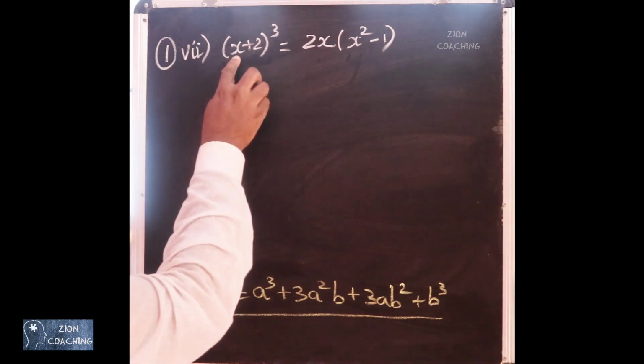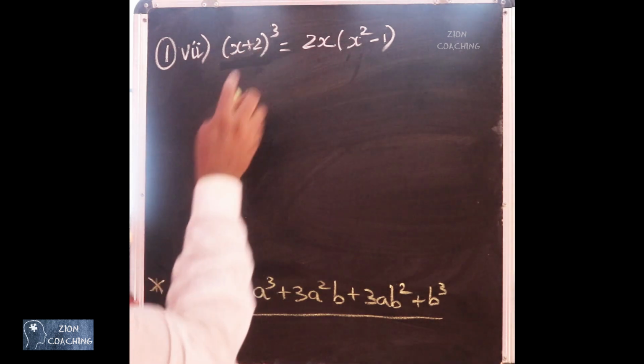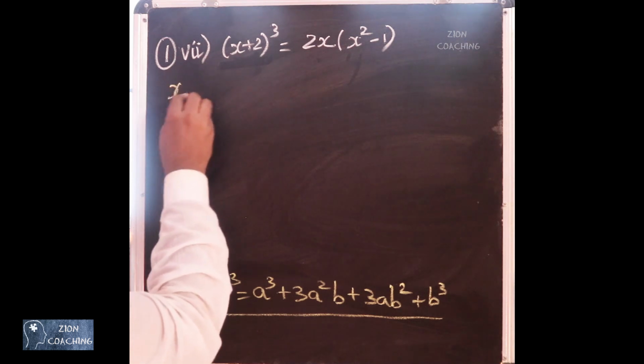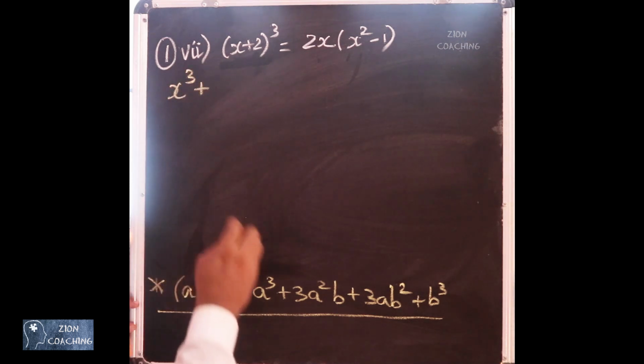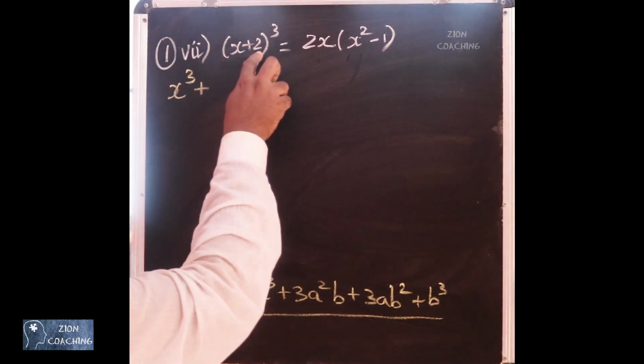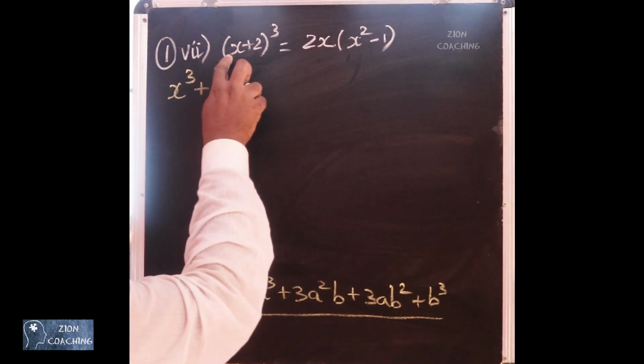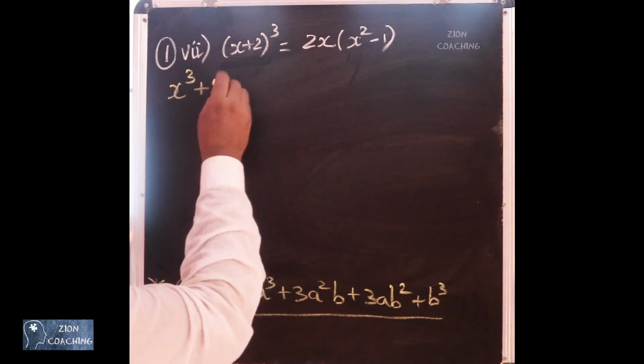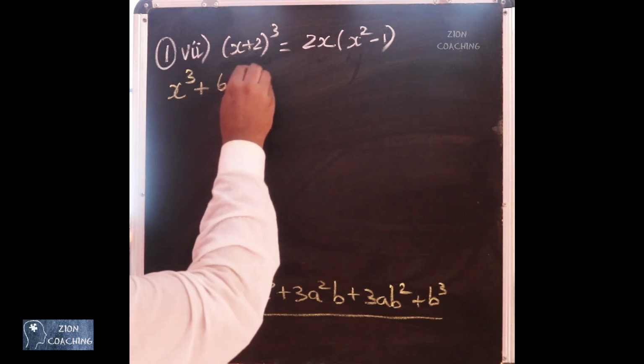So in the place of a we are having x, in the place of b we are having 2. So we are going to have x cube plus 3 into a squared will be x squared, b is 2. So we are going to have 3 x squared into 2, that is 6x squared.